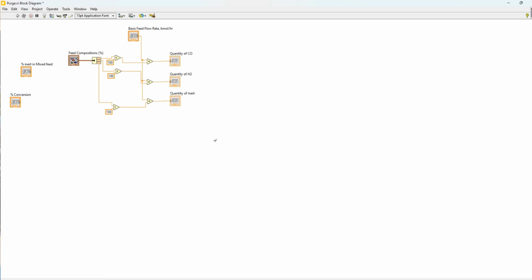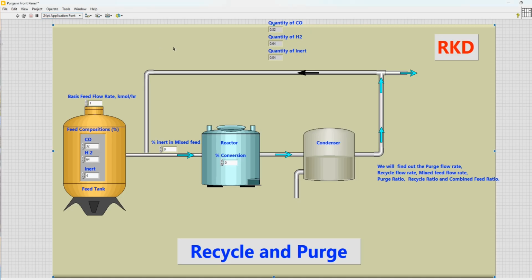So now here we'll see. This feed we are supplying from here, and some quantity is coming from the recycle, and here they mix. And here the composition of inert is given. Suppose we are taking 15%, or any percentage composition is given. So the rest would be the other components.